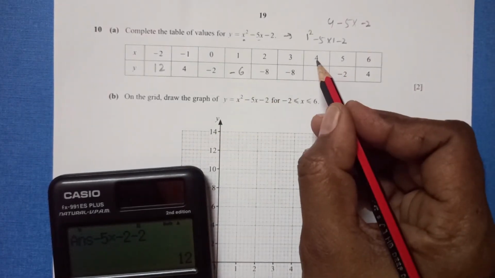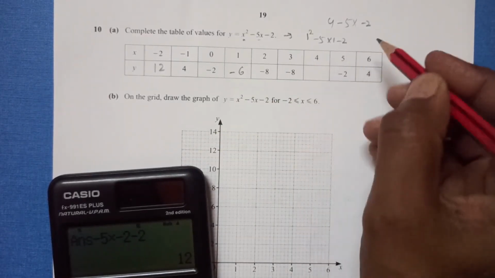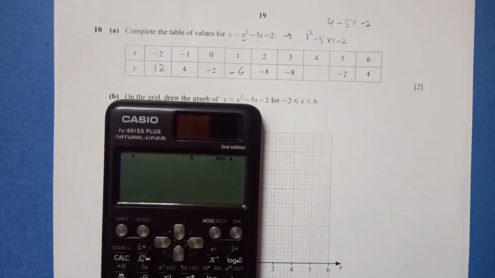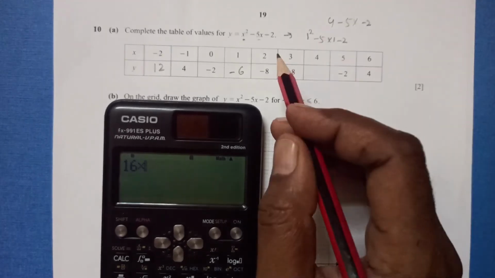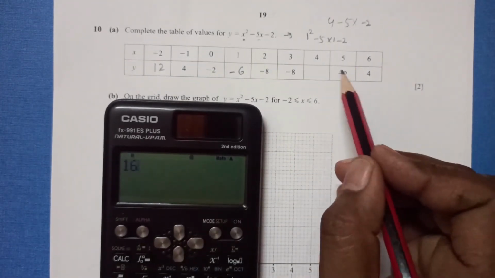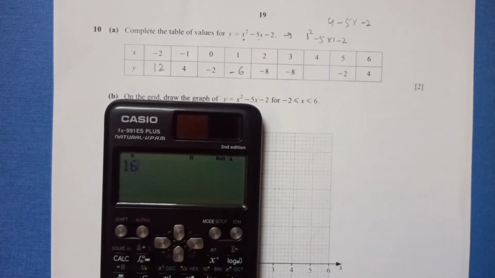Similarly with 4, we have 4 squared. 4 squared is 16, then minus 5 times... this is wrong.